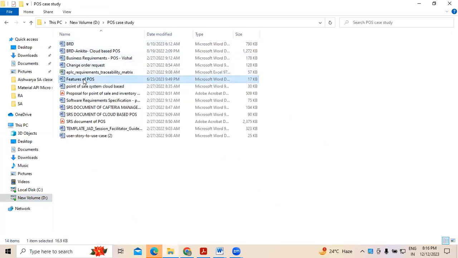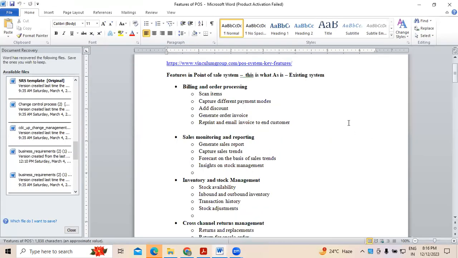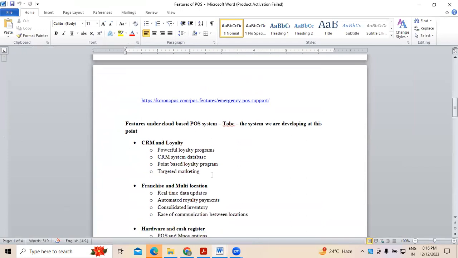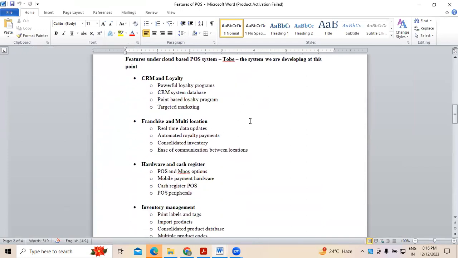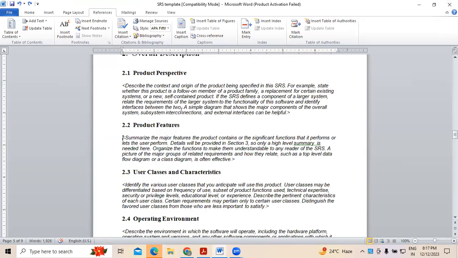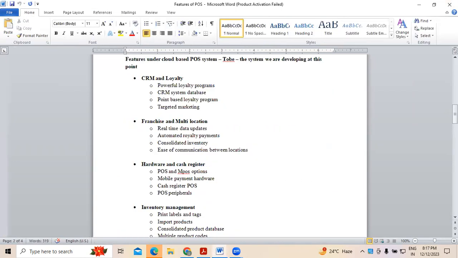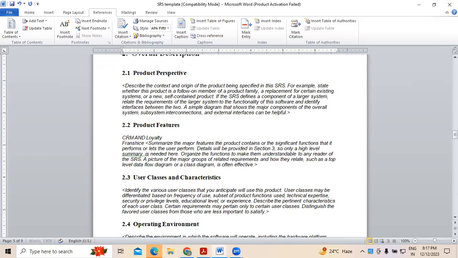Features of point of sale system. Ours is a cloud-based POS, right? Ours is a cloud-based point of sale system. So these are the features. One is CRM and loyalty. Okay. Next, franchise and multi-location.